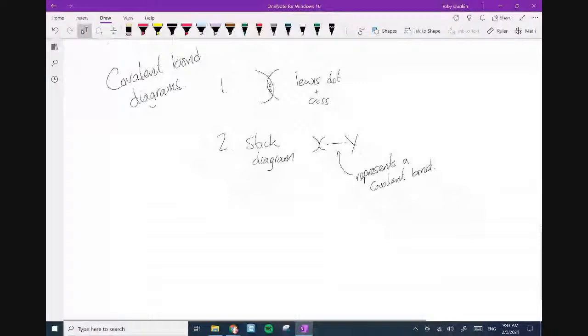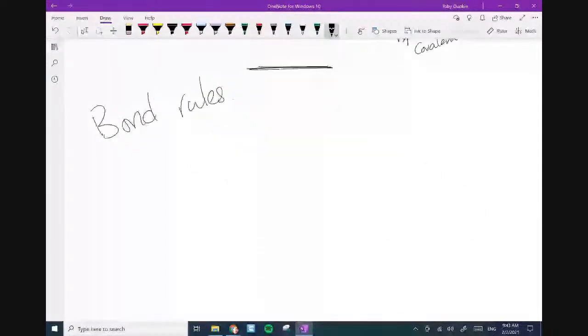bond rules. Okay. And the great thing is there aren't many, so don't worry, guys. So, rule number one, carbon makes 4 bonds.